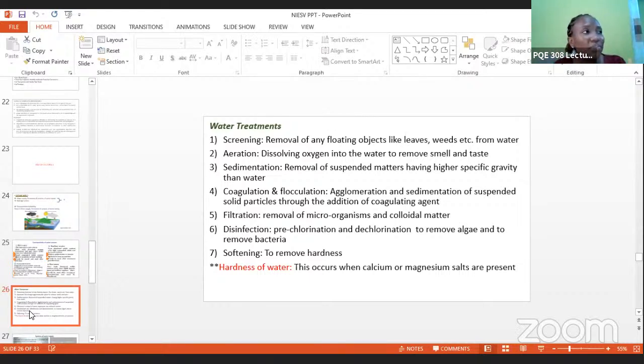Boiling hard water causes the deposit of calcium carbonate, CaCO3, at the bottom of your kettle. Over time, you are going to see scales inside your kettle. It can even block pipes. It can spoil water heaters. That is water hardness, and it occurs when you have calcium and magnesium salts present inside your water. So to remove it, you have to soften your water.